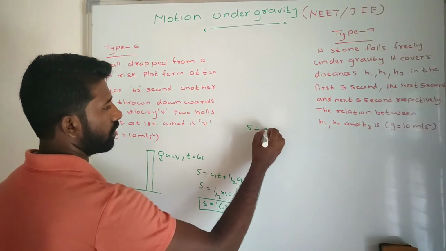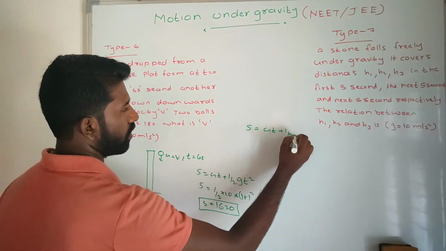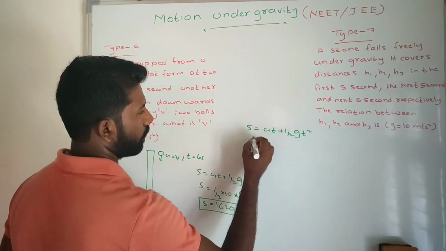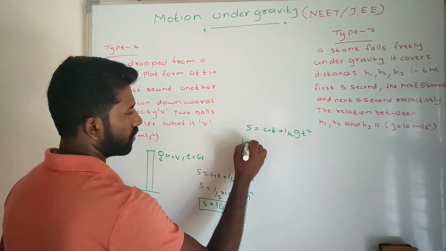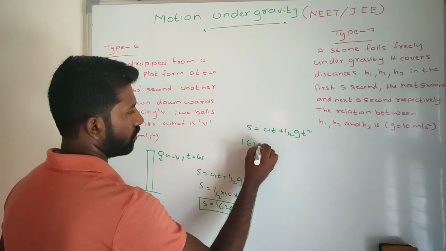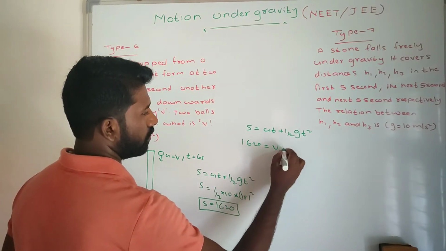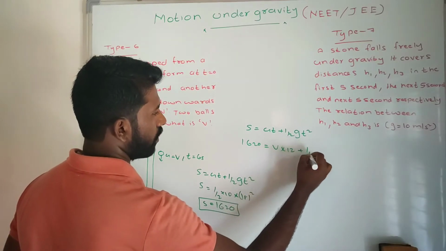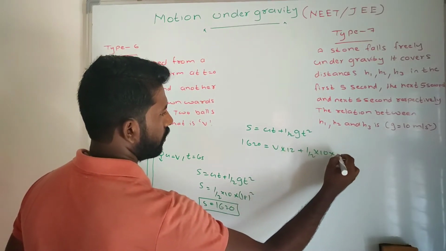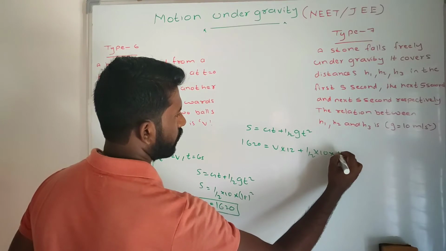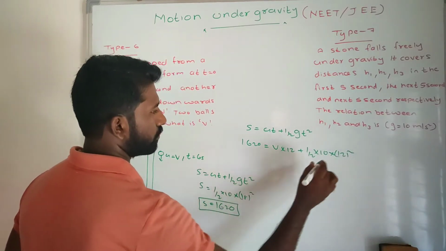That is s is equal to ut plus half gt square. The s value is 1620, u value is v, and the t value is 12, plus half into g value 10 into t square, 12 square.